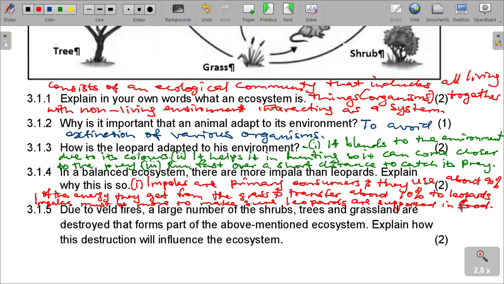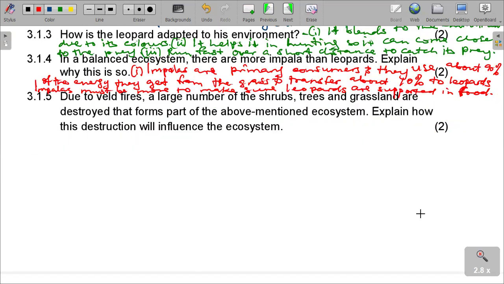So in order to ensure that they are fully supported in terms of food, there must also be many impalas. You can also say that the impalas must be many so that the leopards cannot eat all of them, to avoid extinction of the population of leopards.